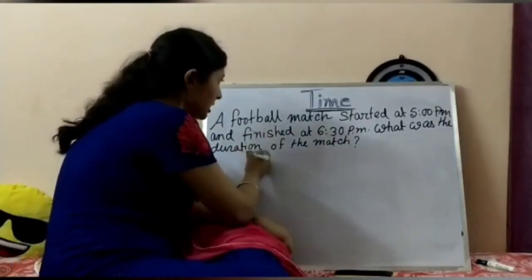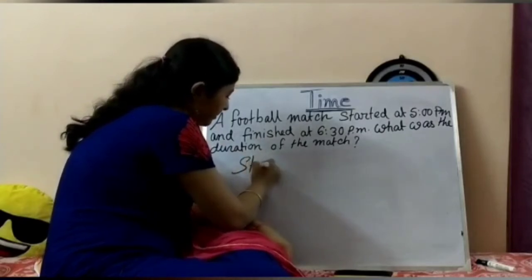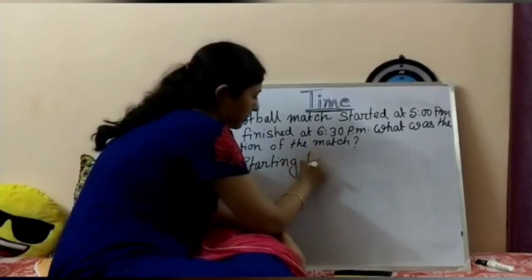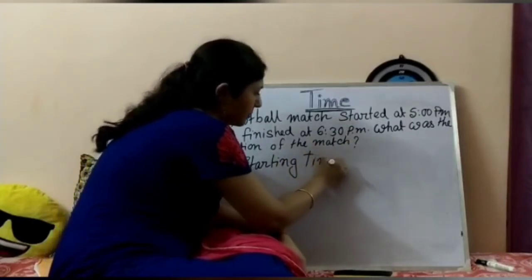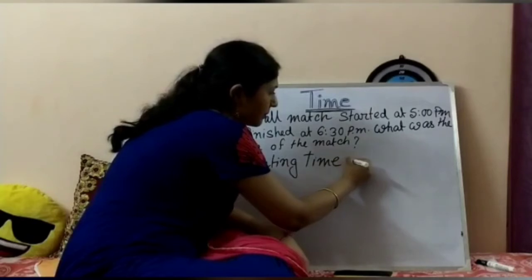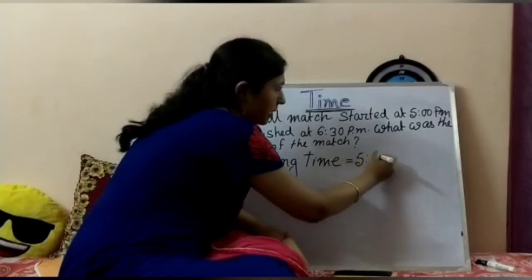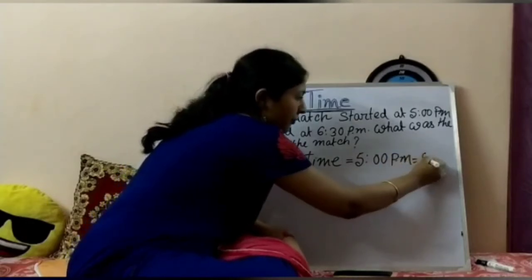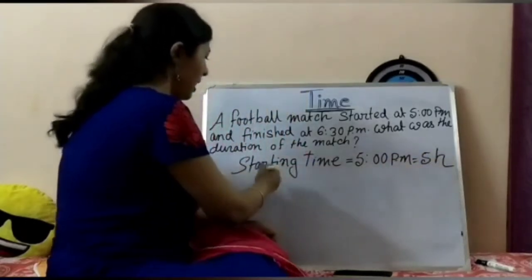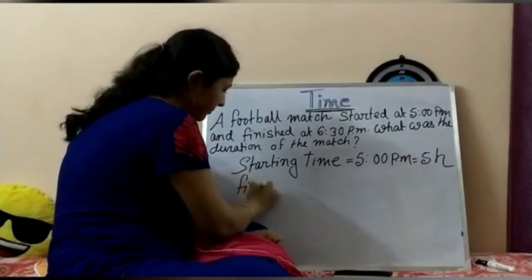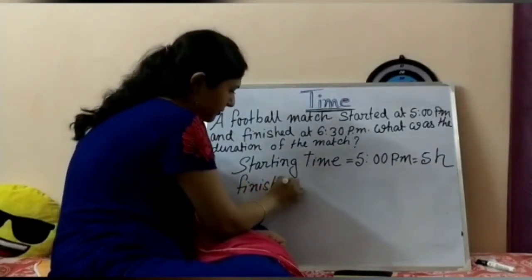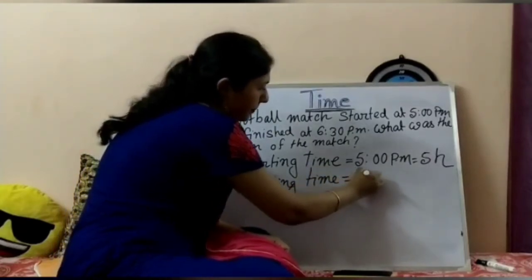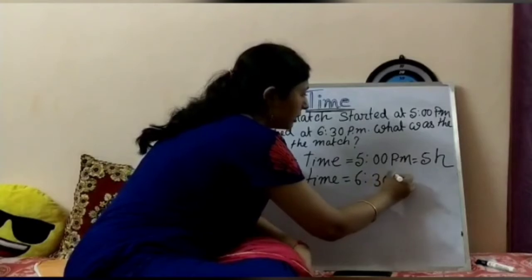So we will write it here, starting time (5 p.m.) we can write 5 hour and finishing time (6:30 p.m.) means 6 hour 30 minute.